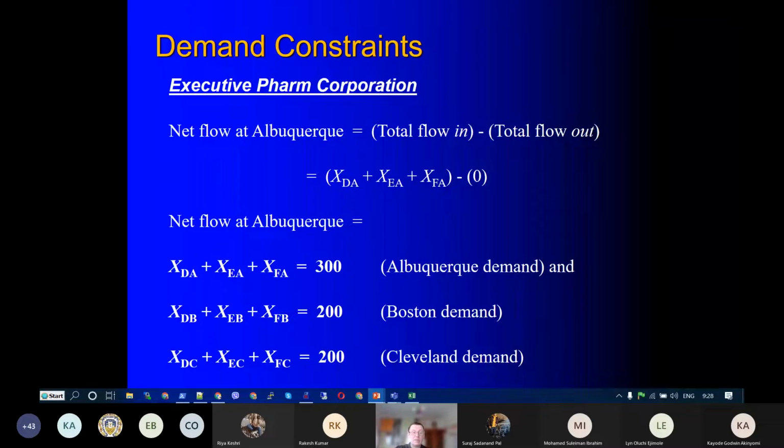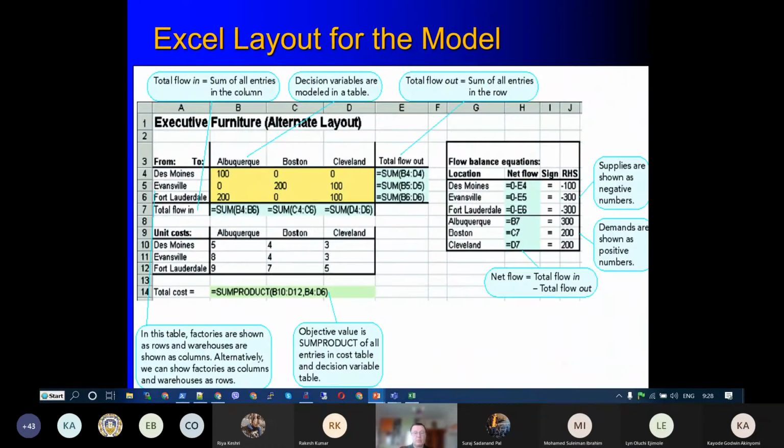Then flow in and flow out have to be identified, how many items we get. Expect to use spreadsheets. Here is one of a few possible recommended layouts, which is actually already solved.